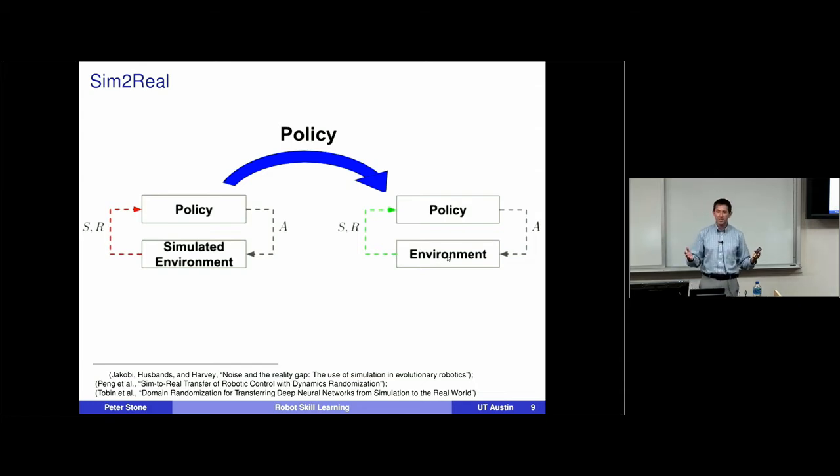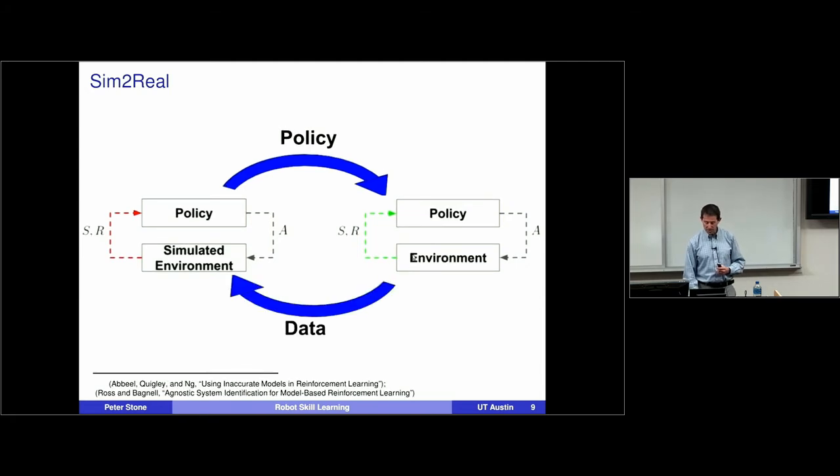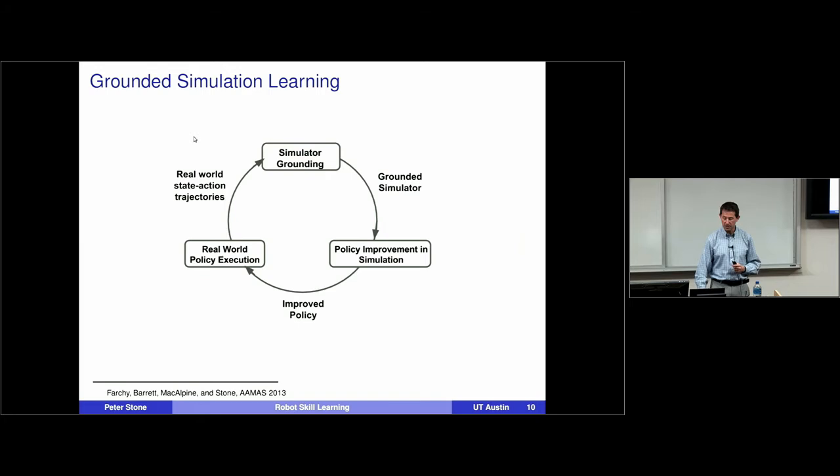There's been some success with that, but it doesn't go all the way. There have also been approaches that take experience in the real world and use it to build or improve the simulator. Our approach falls in that class of methods, but it has a unique take on it, which we call grounded simulation learning.